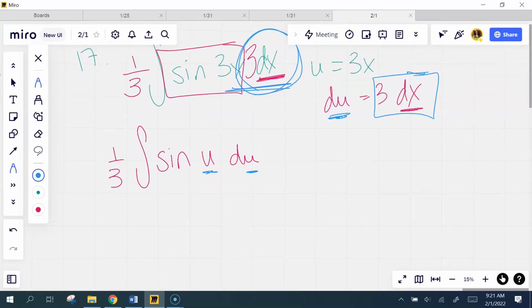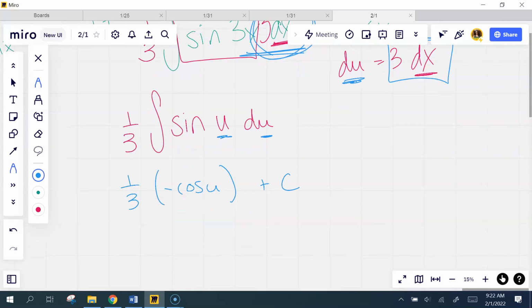Well, I'm not done yet. What is the antiderivative of sine u? Negative cosine u, right? So now I have 1/3 negative cosine u plus c. What is u? You've got to plug that back in. So it's negative 1/3 cosine 3x plus c.